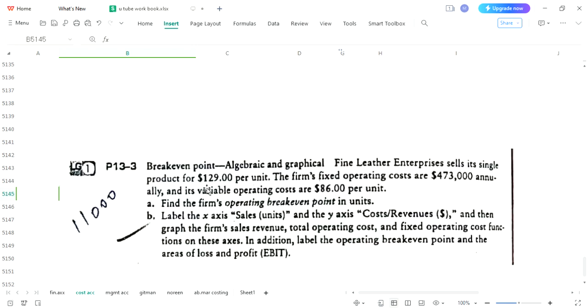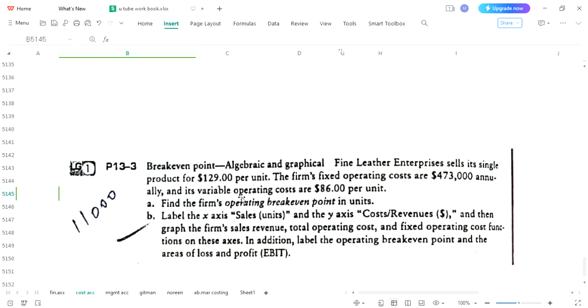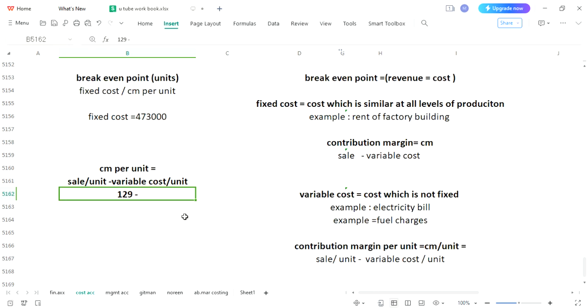You can see it sells a single product, at 129 per unit, and per unit has already been mentioned here. 129 is your sale price. Look here, sale price per unit 129, and then you need to put variable cost per unit. Go back to the question and look here, variable costs per unit 86. Put 86 here. The statement is completed.